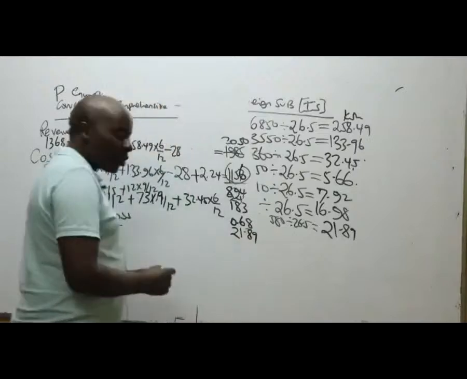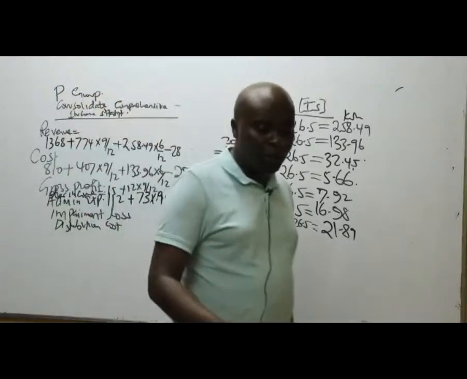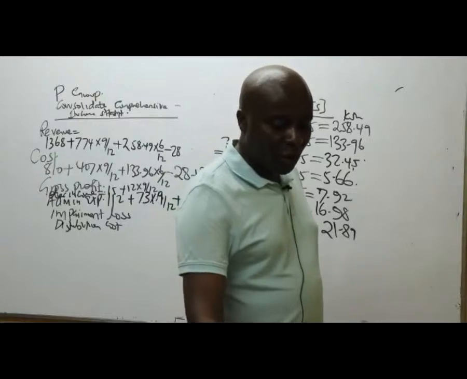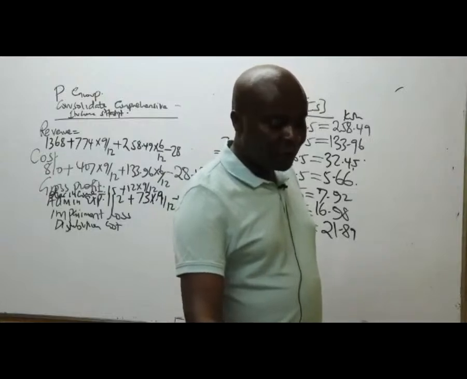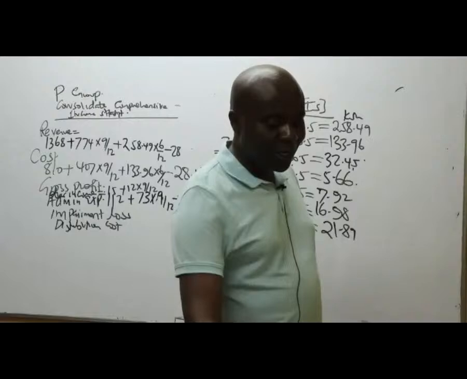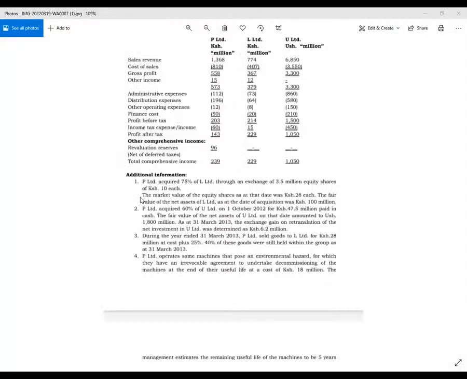So apart from distribution cost, do we have any other cost? 255, this is coming quite common, and we have said there is a mistake there. Please remember, there's a mistake there. Yes, we have other operating expenses.